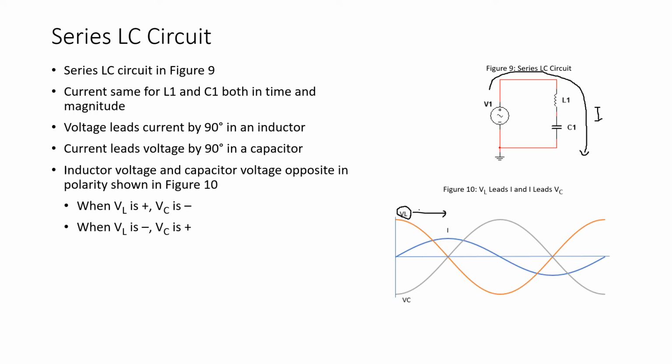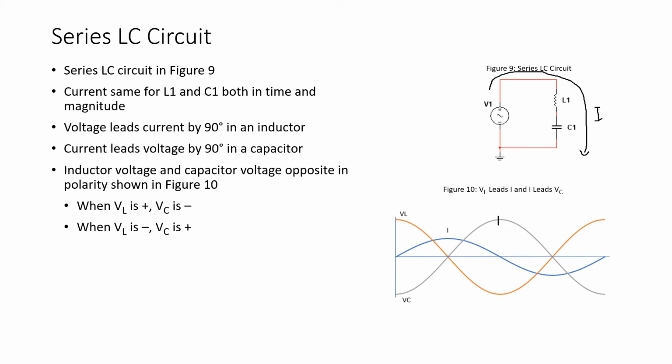So there's a 90-degree phase difference between voltage and current in an inductor. And of course, with a capacitor, capacitor current leads capacitor voltage by 90 degrees. So note that the capacitor voltage, VC, happens 90 degrees after current.